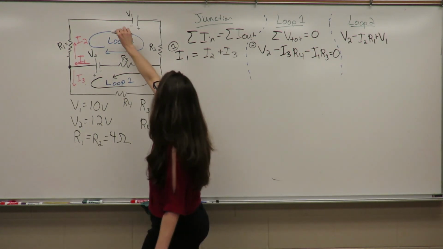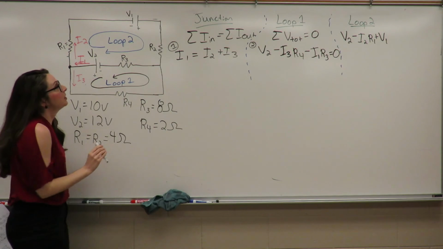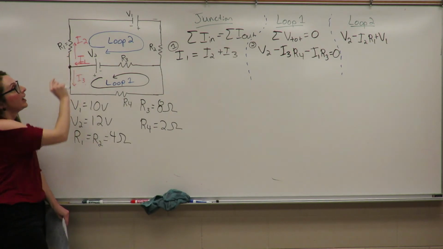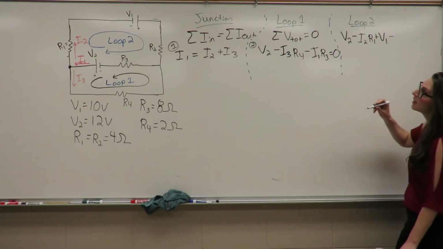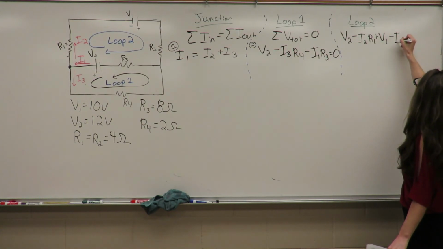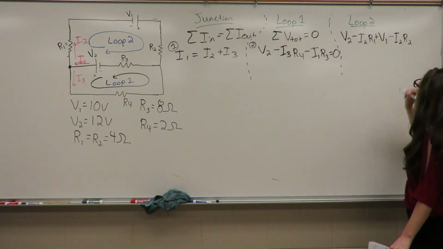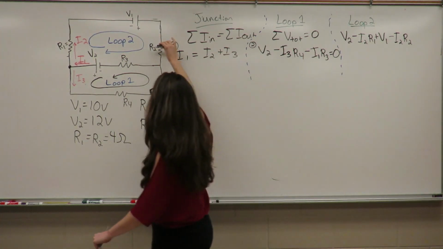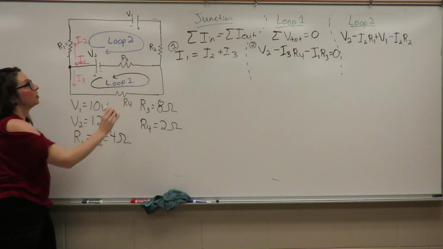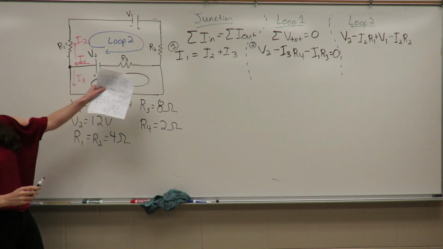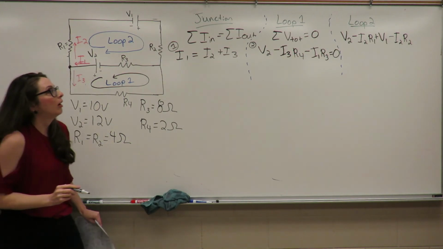And then I'm going to go through loop 2, through resistor 2 with current I2. So I'm going to refer to that as minus I2R2. And then I have one final resistor to move through. I'm moving through loop 2, resistor 3, in the direction of the loop, in the direction of current I1.